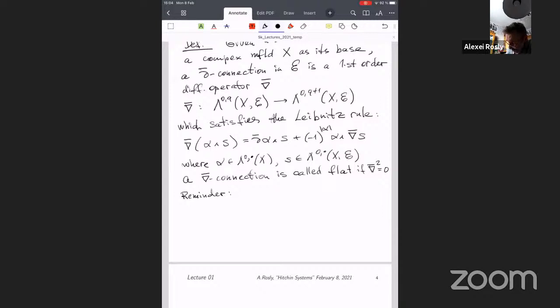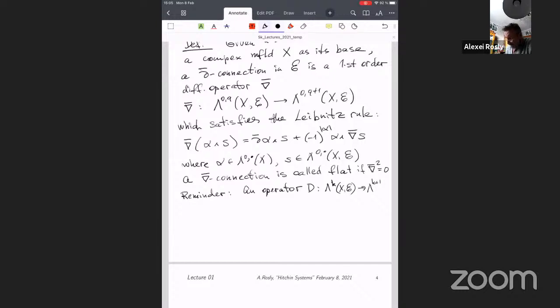An operator, nabla. Okay, let me use another letter probably. Operator D from K-forms with coefficients in the bundle to K plus 1 forms.